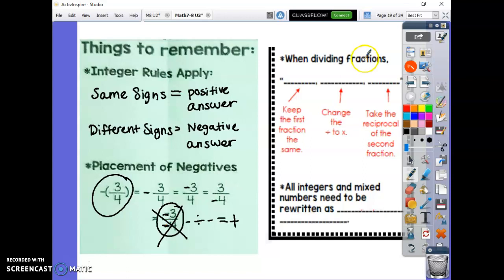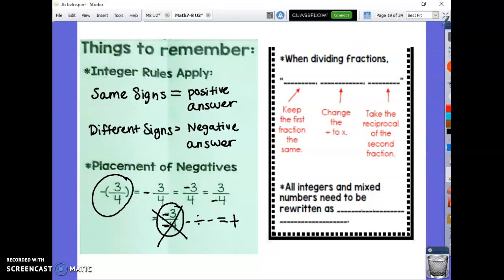Okay, right up here, when dividing fractions, you're going to keep, change, then flip. What that means is you're always going to keep that first fraction the same, then change that division sign to a multiplication sign, and flip or take the reciprocal of the second fraction.